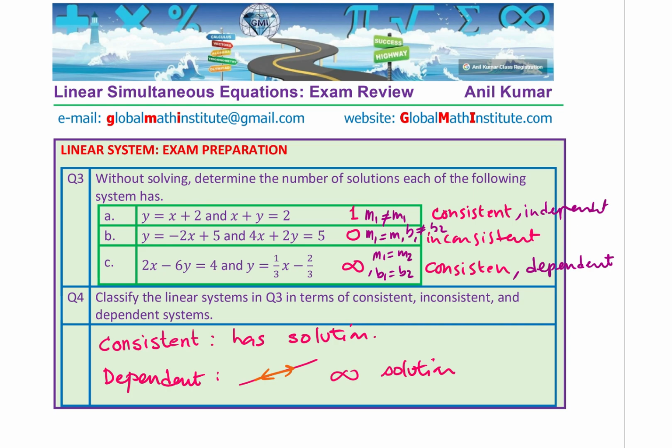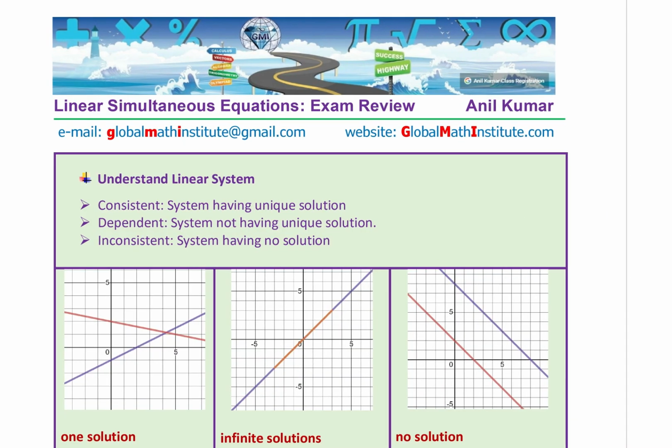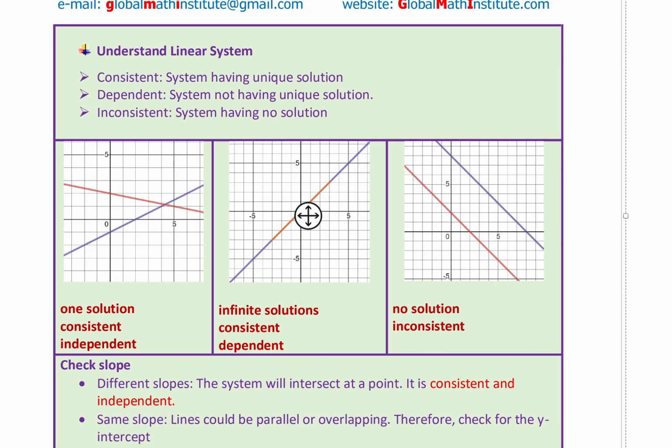Perfect. So we can summarize the understanding with the help of this diagram. As I was saying, a consistent system is one having a unique solution. A dependent system is not having a unique solution, right? So when we have dependent, it means not unique, so more than one, right?